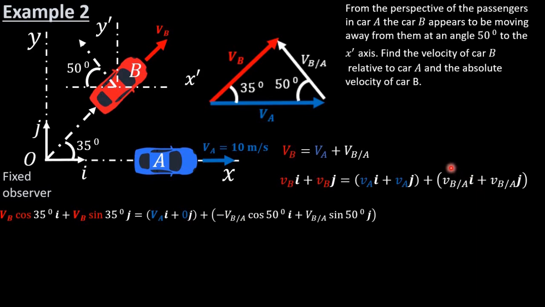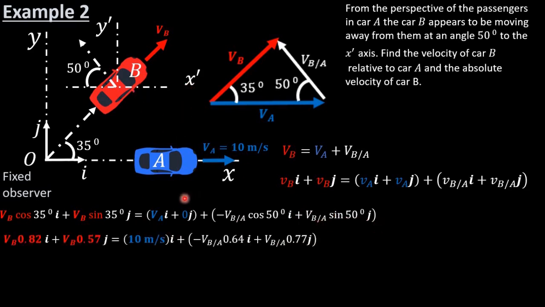The relative velocity in the i direction is minus VB/A times cos 50 degrees, plus VB/A times sine 50 degrees in the j direction, and that is positive because it's going up. I'm going to simplify these terms using my calculator to get this, and I've also substituted the value for the velocity of car A, 10 meters per second, because I knew that from the question.